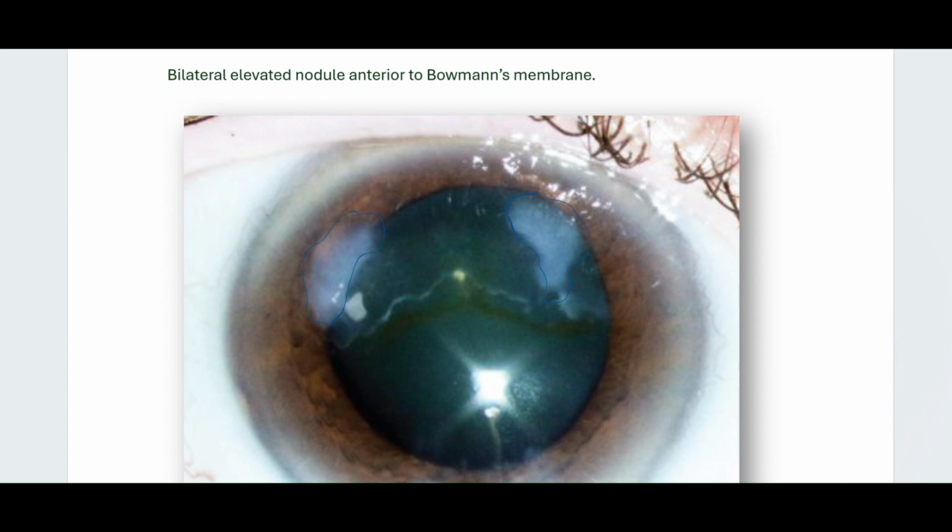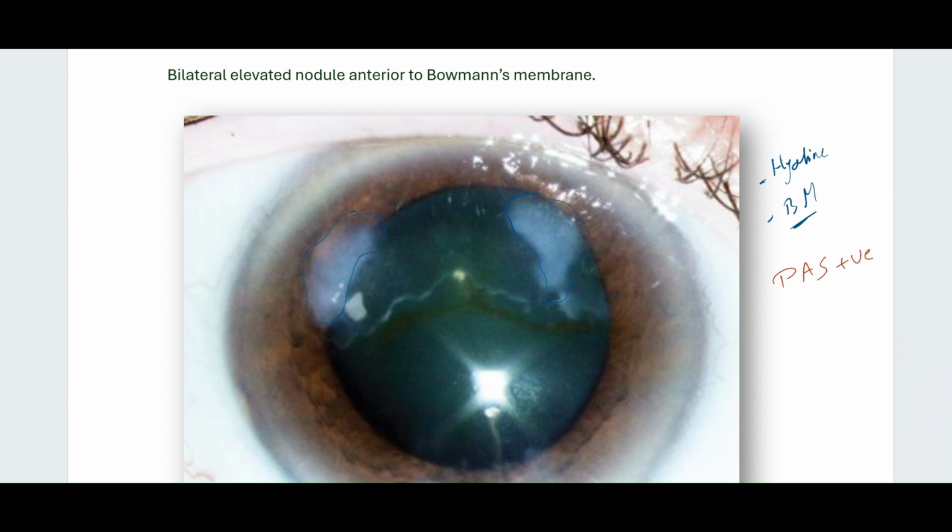not affecting the central part. And when we study the pathology, we will know that it's composed of hyaline material deposition and basement membrane thickening and deposition of basement membrane material. That's why it's PAS positive, periodic acid Schiff stained.